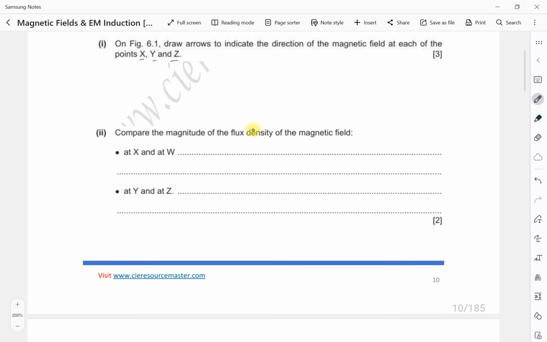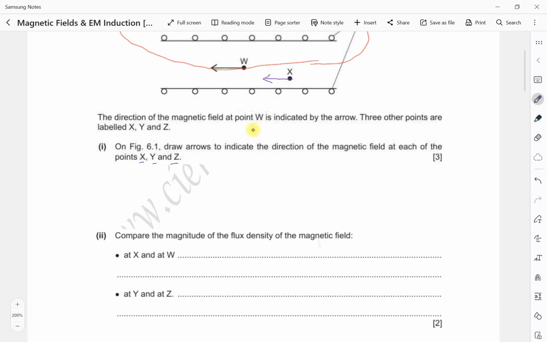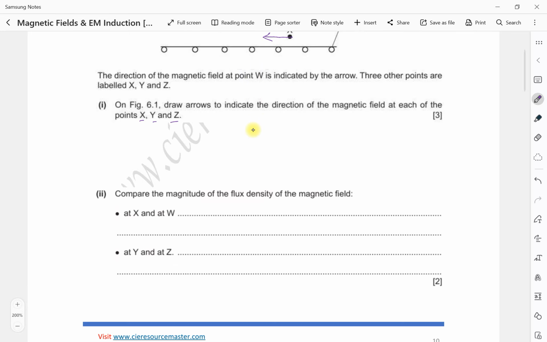Compare the magnitude of the flux density, that is B, at X and W. Of course, that one is the same. It is approximately the same. So flux density is approximately the same, or approximately equal.